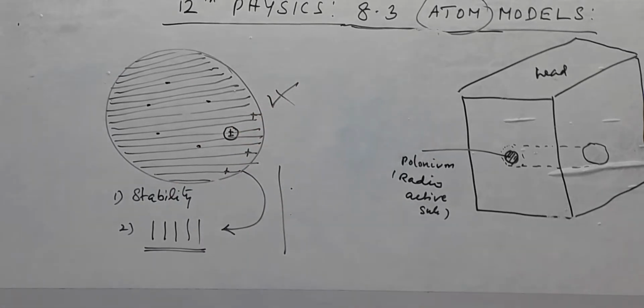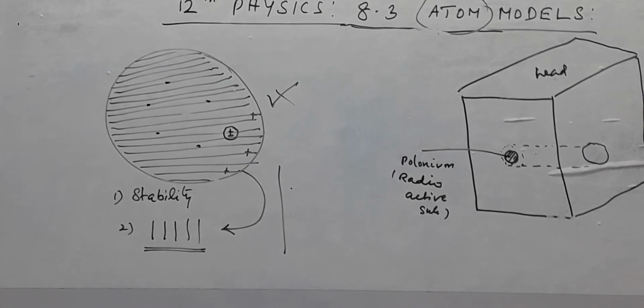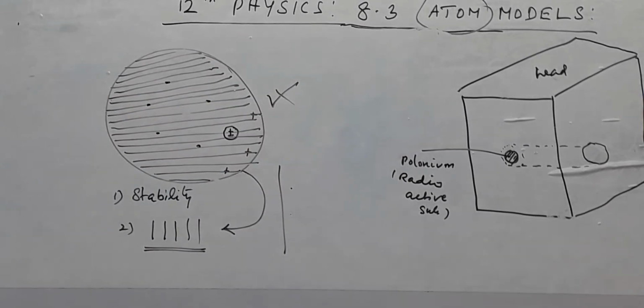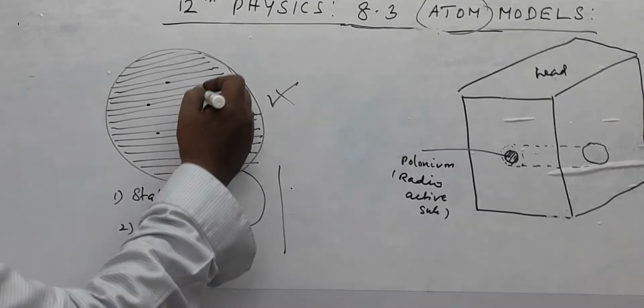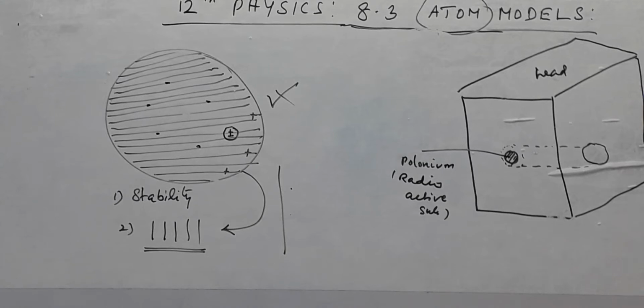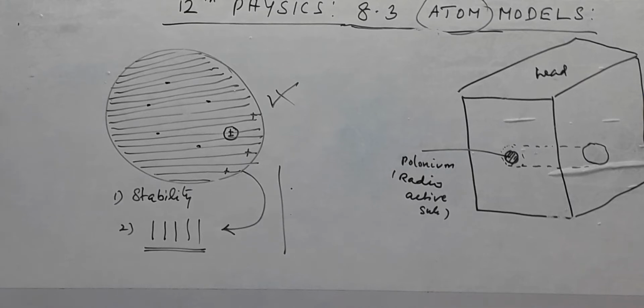Even though the atom was visualized as a homogeneous sphere with a uniform distribution of positive charge and electrons embedded inside, it was wrong, because as per electrostatic theory the stability cannot be explained, so the atom model was neglected.